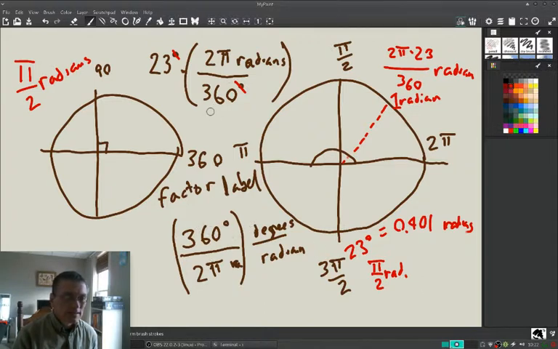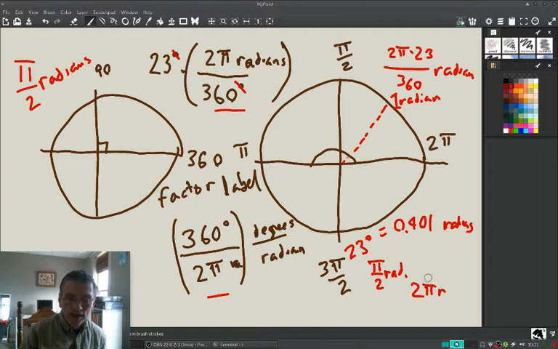You can see this is this factor label upside down. This equals 1. This also equals 1 when you flip it over. So we'll multiply that into pi over 2 radians, with pi radians over 360 degrees.